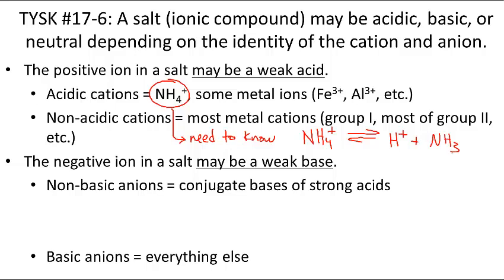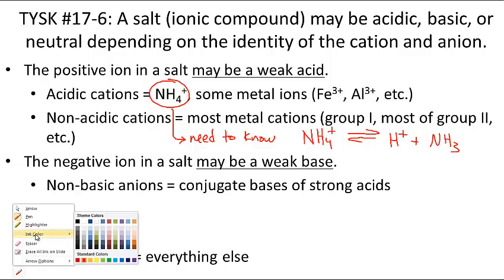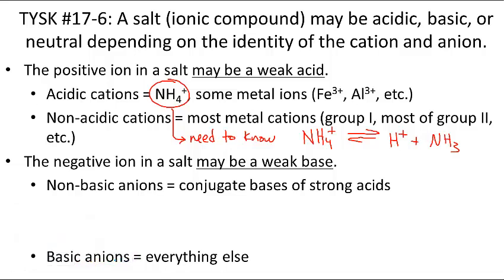As far as the metal ions go, I don't want you to have to memorize a list of those. So you should be aware that some metal ions can be acidic, but you don't need to memorize.